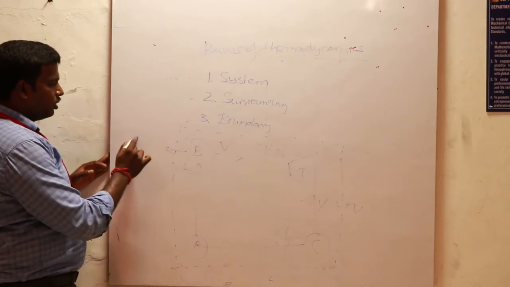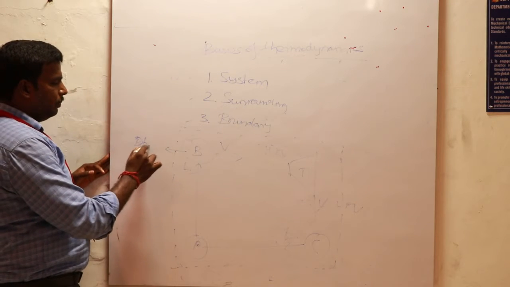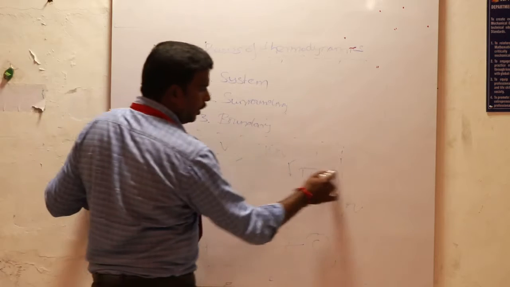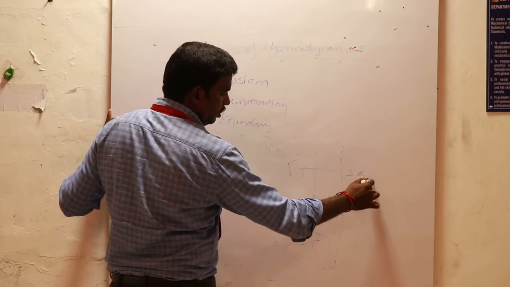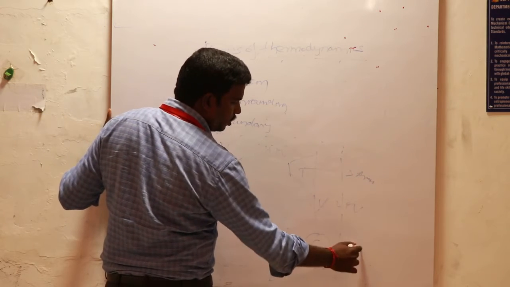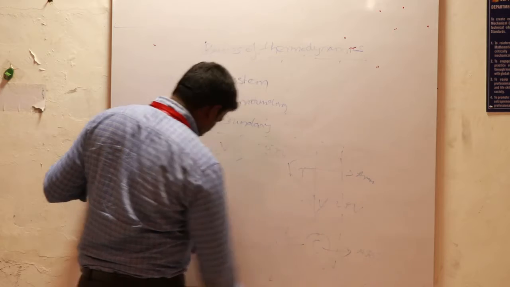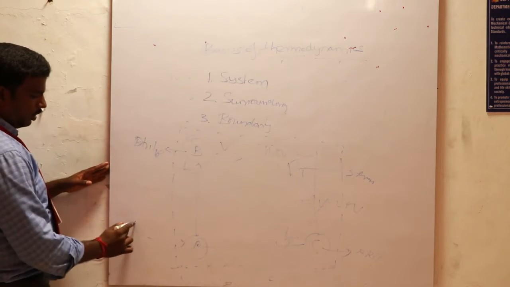So this boiler belongs to Dilip, this turbine belongs to Arun, this condenser belongs to Akil, and this belongs to Ayandurai.